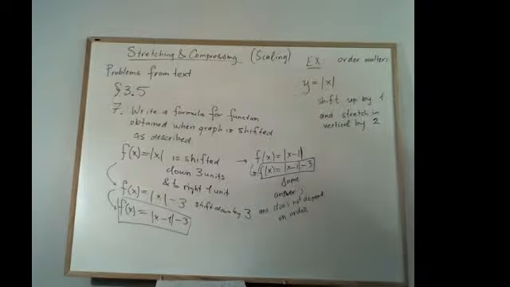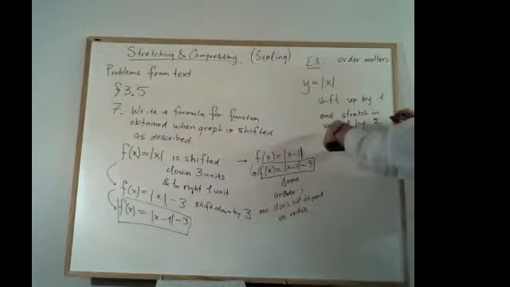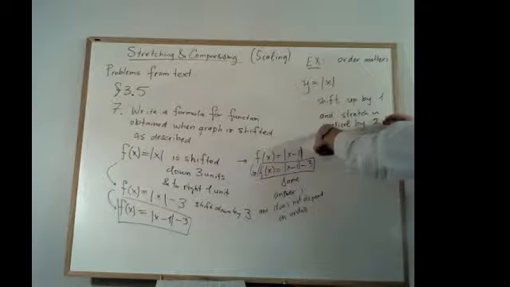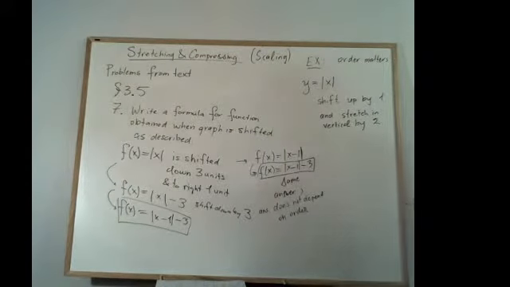Okay, so what does that look like? And show that that's different from doing it in reverse order. If I stretch by a factor of 2 first, and then shift up by 1, I'll show you that that's a different function.